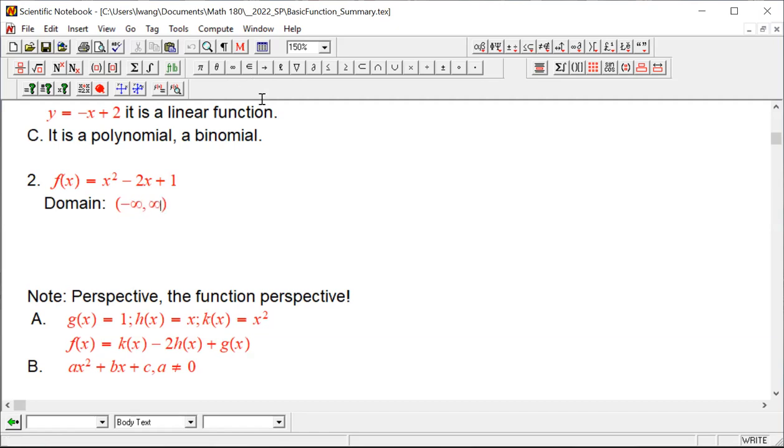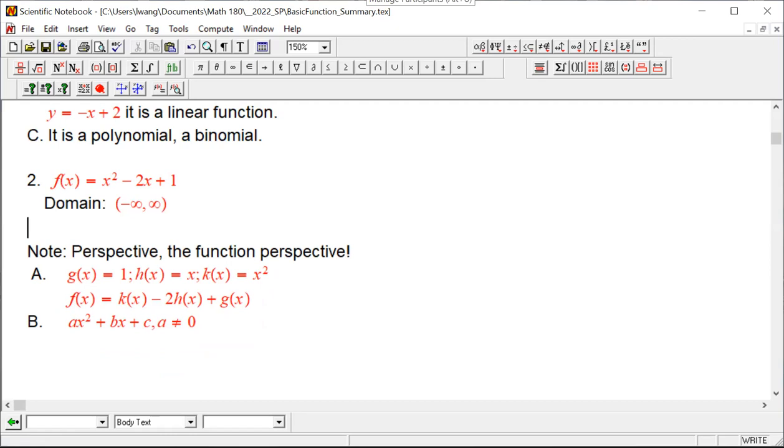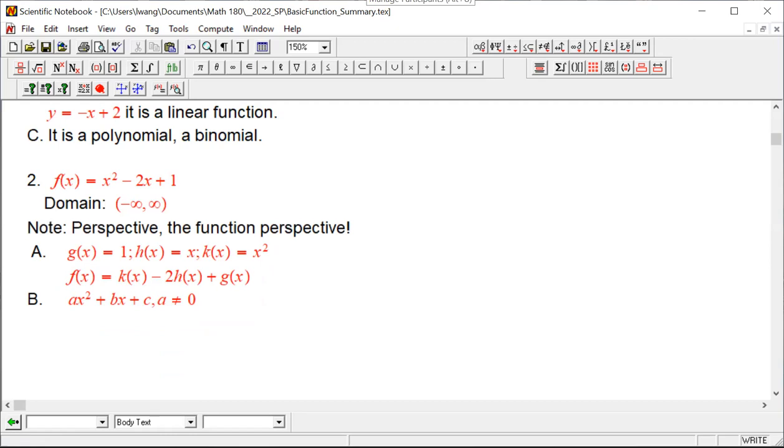Is the range going to be all real numbers? Actually, it's not necessarily. In the future, we're going to talk about how we determine the range of a quadratic function. For now, we're not asked about the range, therefore we're not going to get to it. So it's a quadratic function.